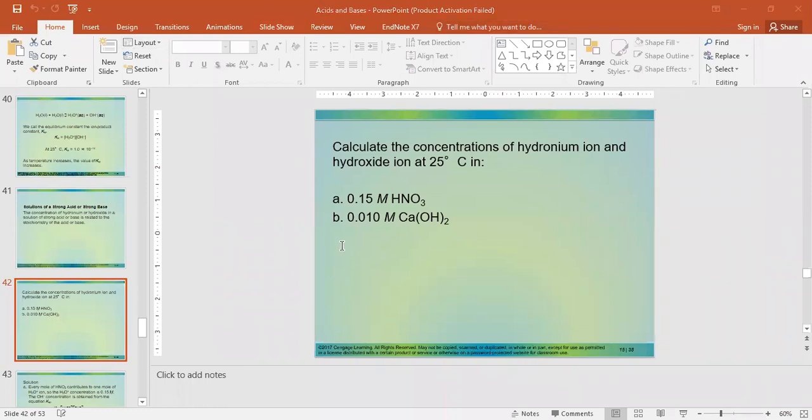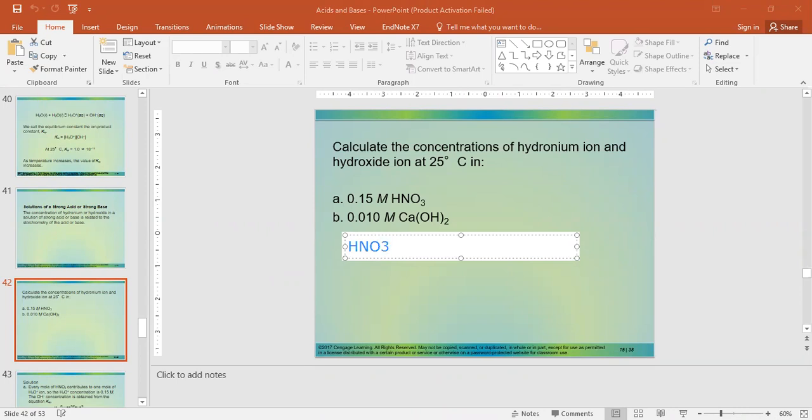Now, the first one is nitric acid. And nitric acid, we know, is a strong acid. And a strong acid is going to fully dissociate in water. So you have HNO3, which is going to dissociate.